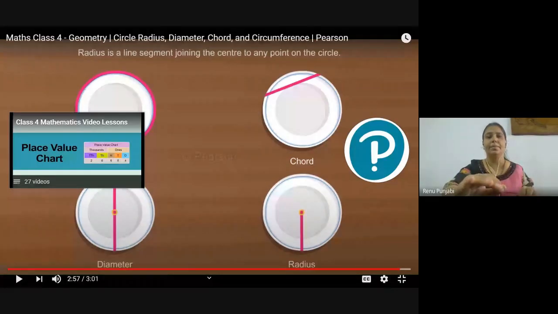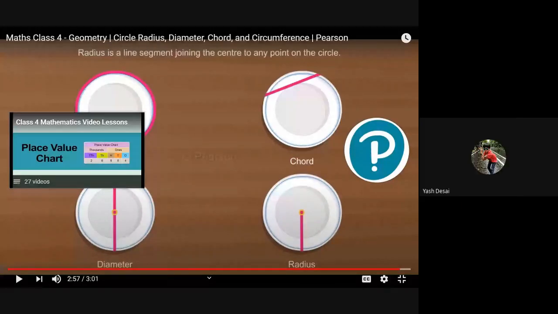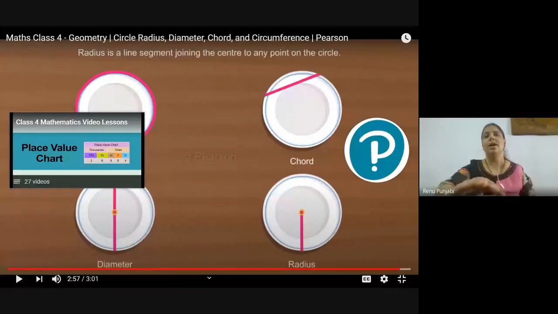So you have learned today how to measure the diameter and the radius of the circular objects. Yes or no, children? Yes, ma'am. Now, please open your textbook, children.